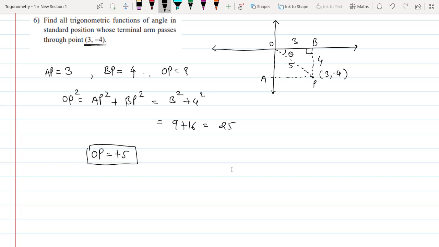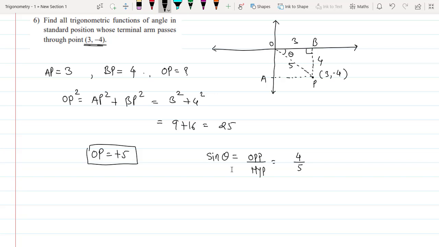What will be sin theta? What is the definition of sin theta? It is the opposite side divided by the hypotenuse. Who is opposite to theta? It's 4. Right? And what about the hypotenuse? It's 5.